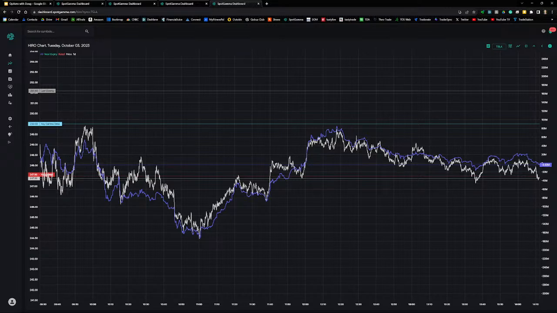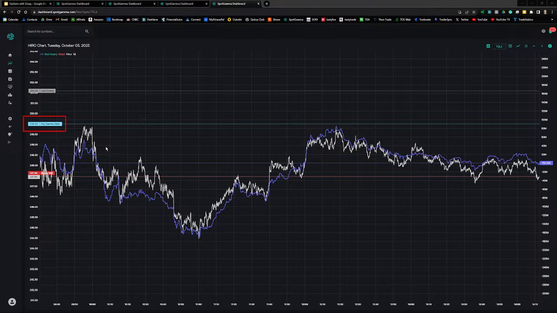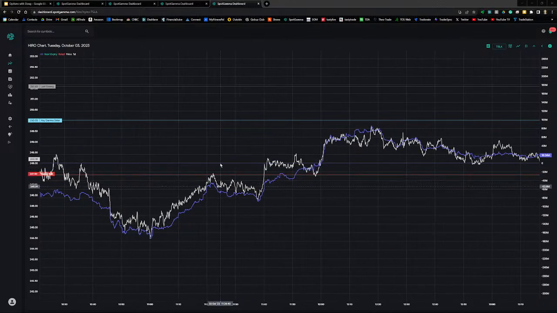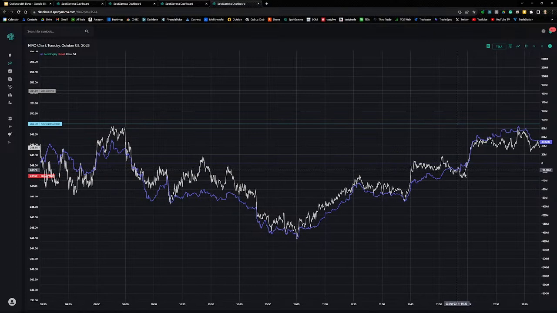So there's the 250 key gamma strike. And as price approaches that level, let's zoom in. As price approaches that level, options traders start taking negative delta positions.